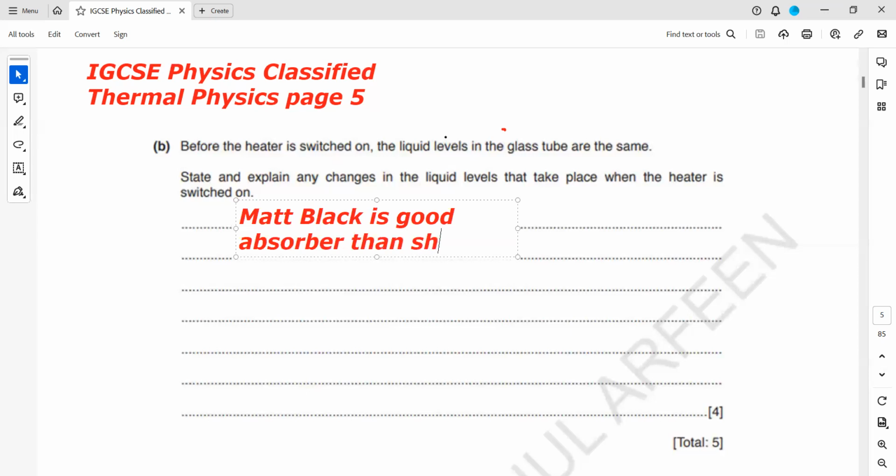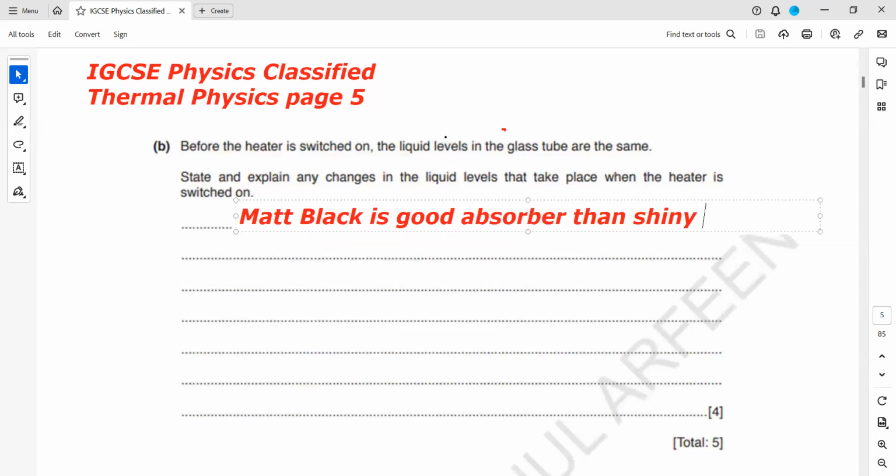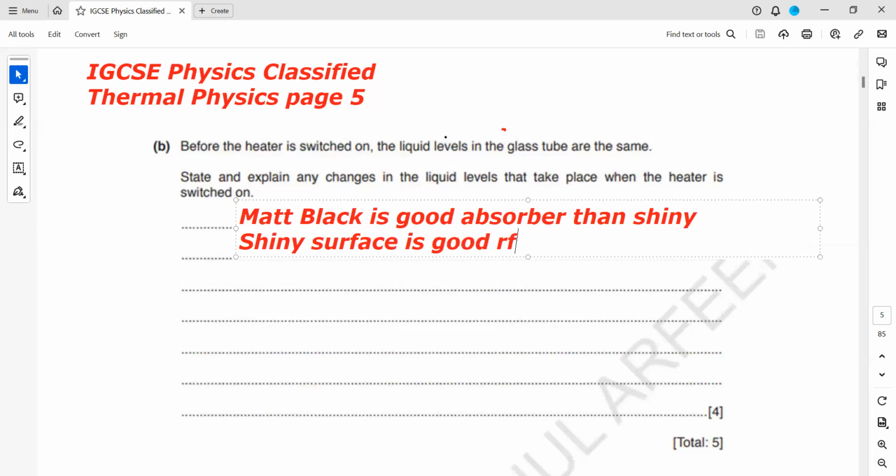And the second mark: shiny surfaces are good reflectors. That will score the second mark.